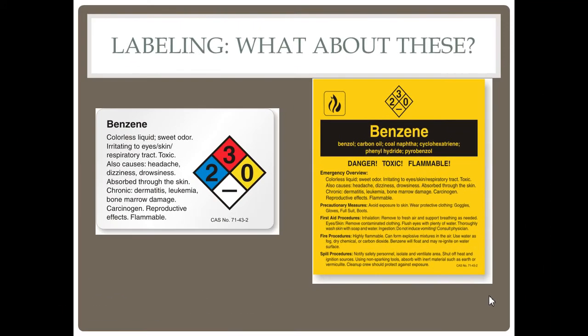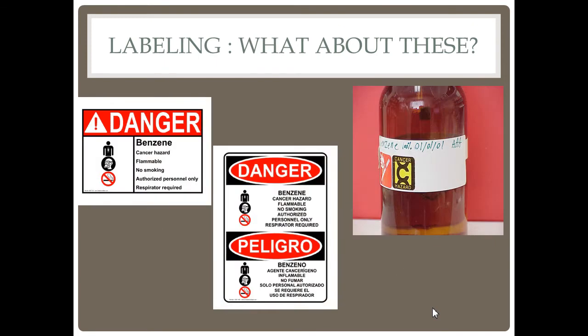Here's some labeling, and you'll see on the bottom here it's blank. You can't have blank sections anymore with your GHS labels. And this one doesn't have all the information on either label, so that's not a good label.